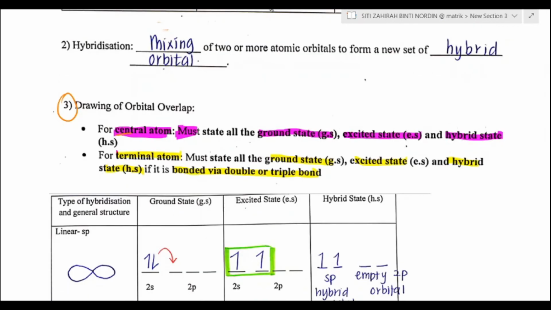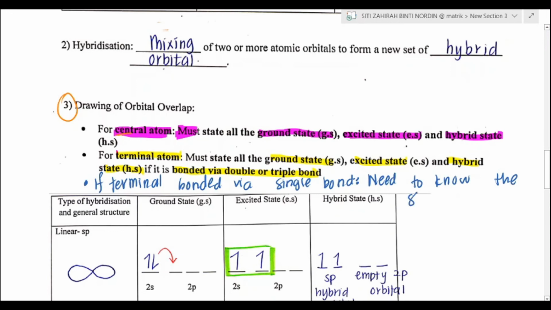And I need you to add on the last point. So if terminal atom is bonded via single bond, then I just need to know the shape of the last orbital. So there would be either s or p orbital from electronic configuration.